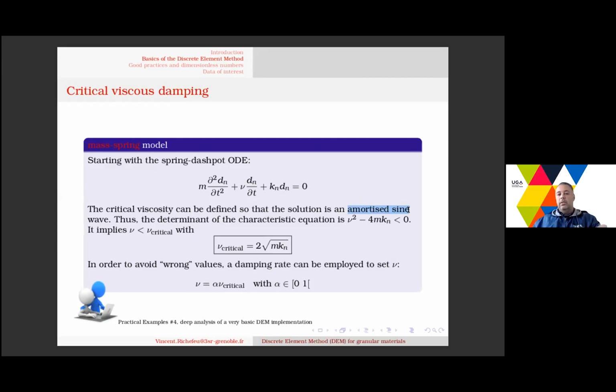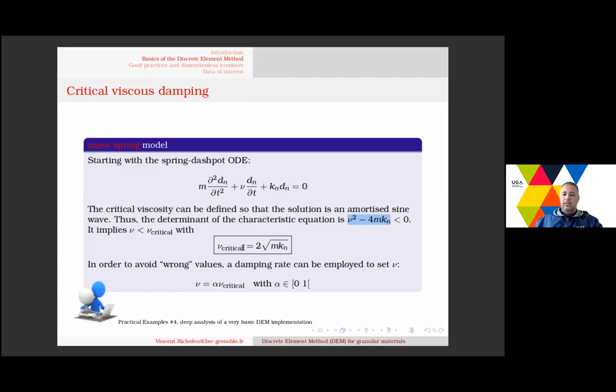If not, the particle will never go back, it will be stuck. So it is not physically possible. It means that we need a complex solution. If we write the characteristic equation, the discriminant has to be less than 0.